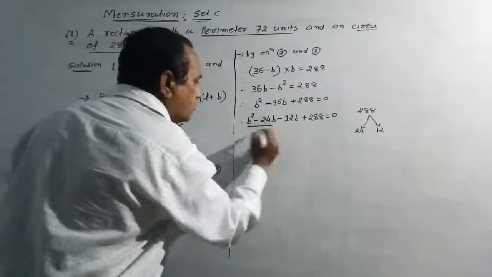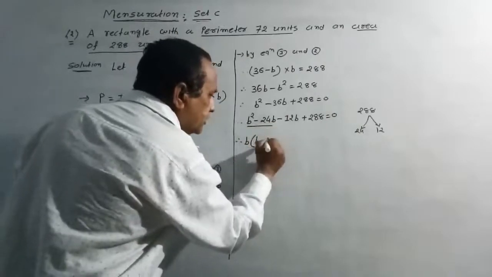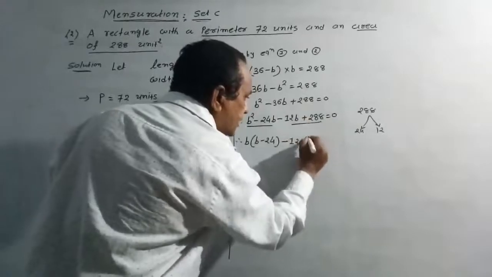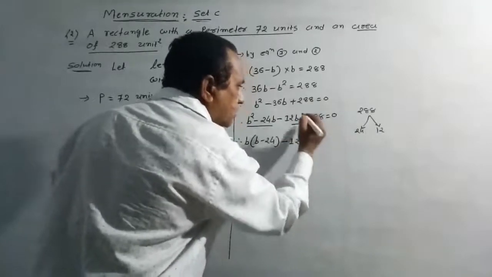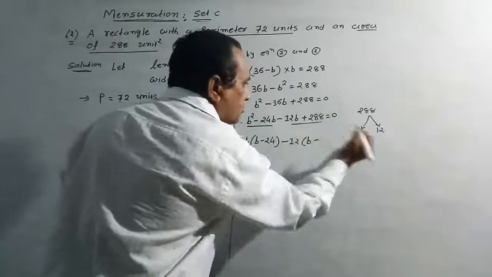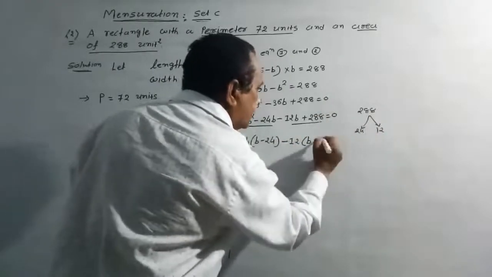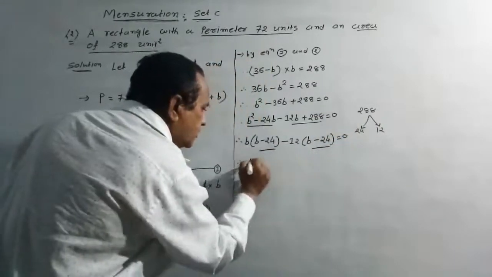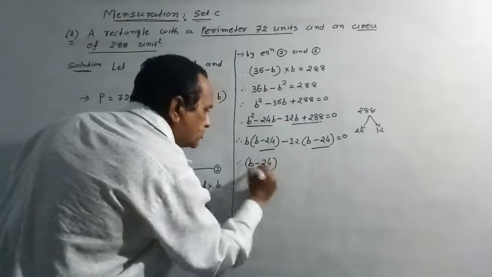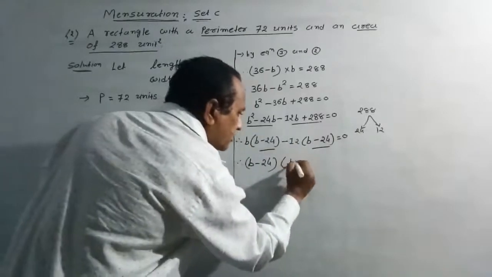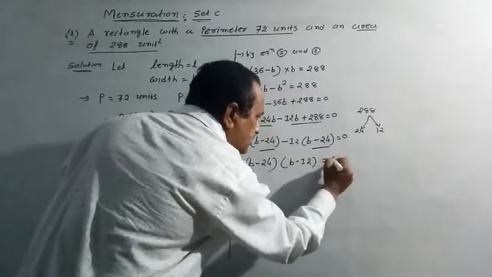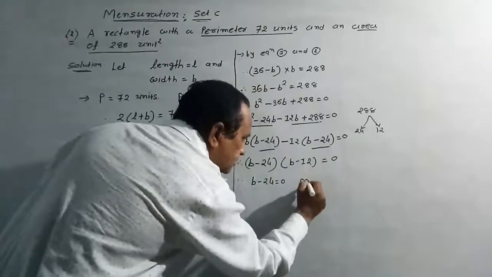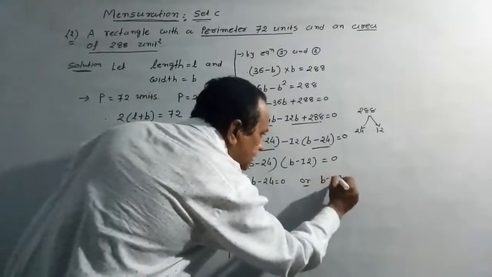Now take B common, B minus 24, and minus 12 common, B minus 24, is equal to 0. Again common B minus 24, so the second factor is B minus 12 is equal to 0. Now B minus 24 is equal to 0, otherwise B minus 12 is equal to 0.